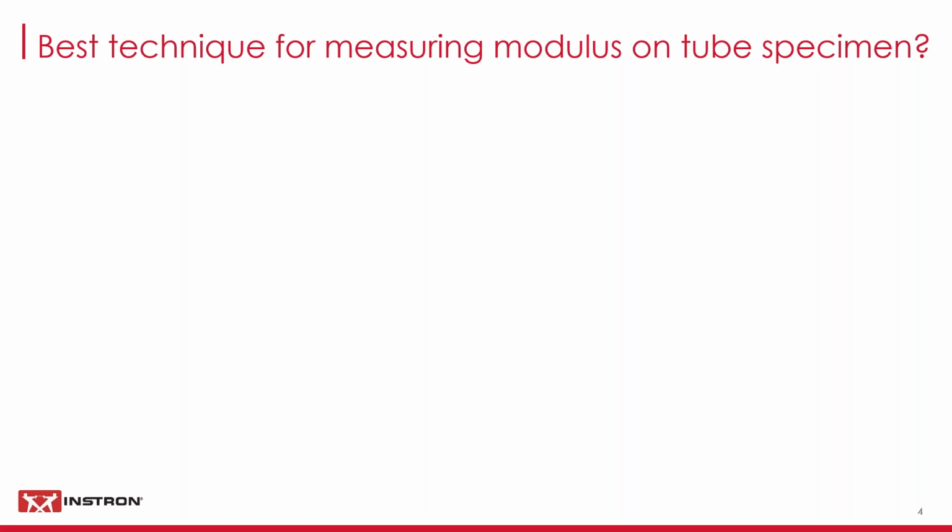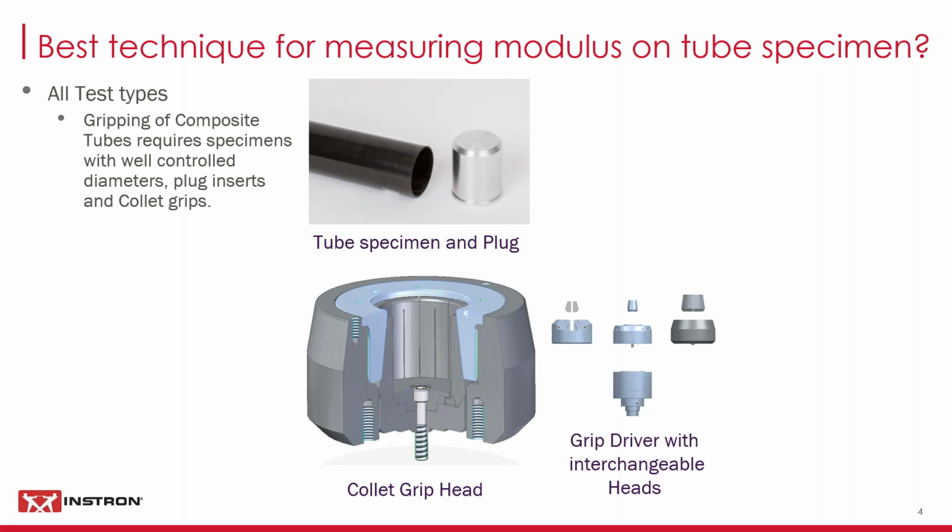So let's kick off with techniques for measuring modulus on tube specimens. Maybe it's a little bit more general than just modulus because it's going to cover strength as well. So looking at testing of composite tubes, the biggest issue is gripping of the tubes.